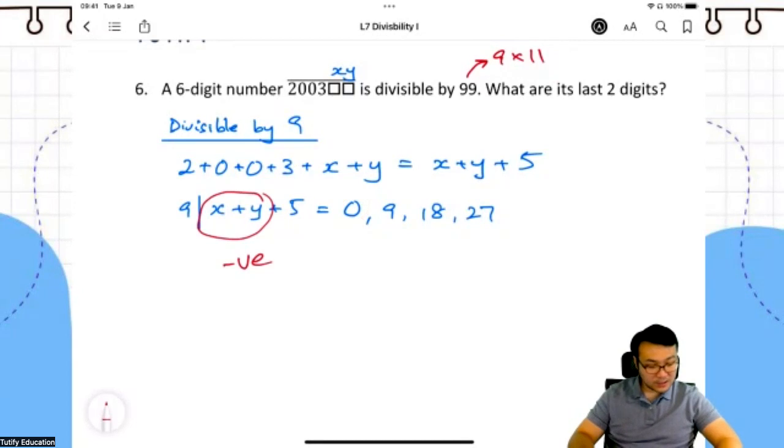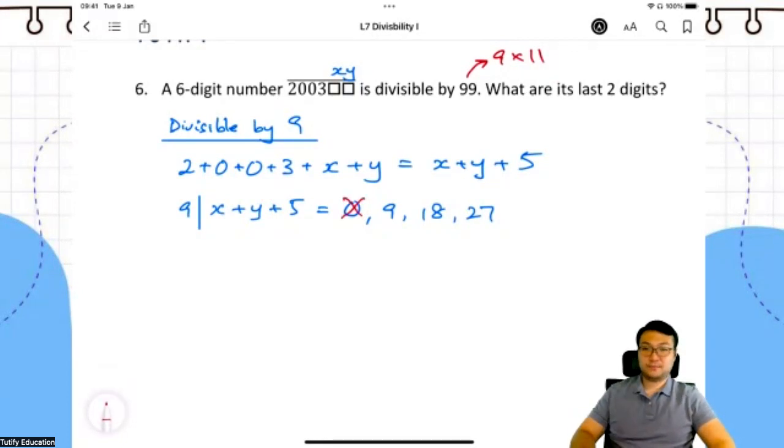So if they cannot be negative, are we able to get 0? No. So 0 is out. What about 9? Could it be 9? Yes. Could it be 18? Yes. Could it be 27? Well, let's try, okay? What is the maximum value of x?